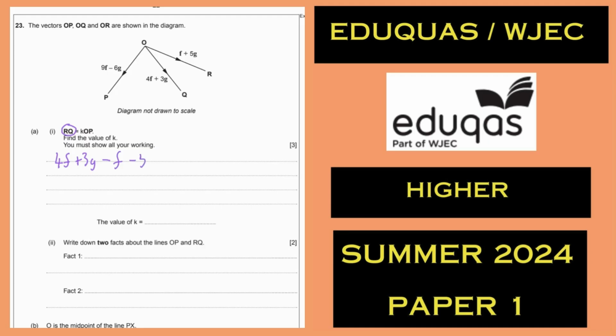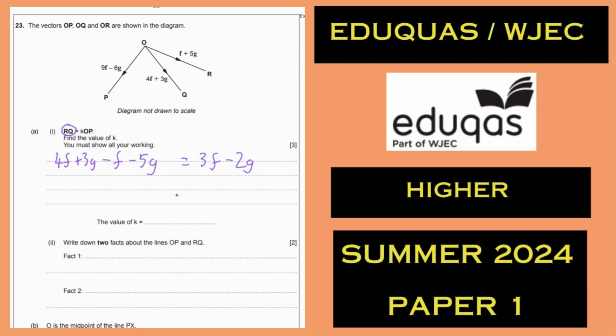Minus F minus 5G means we've got 3 F's and we've got 3G, take away 2, take away 5G, means we're into minus 2G.